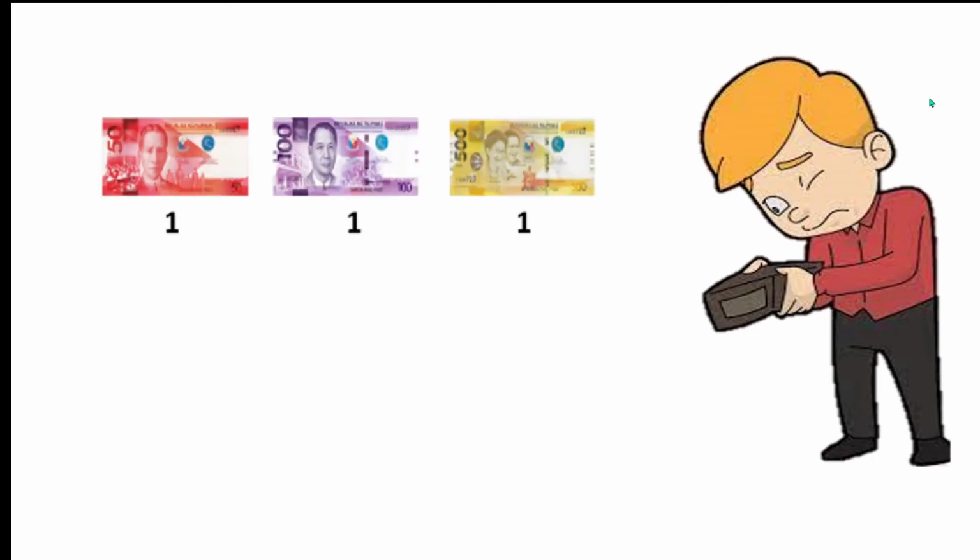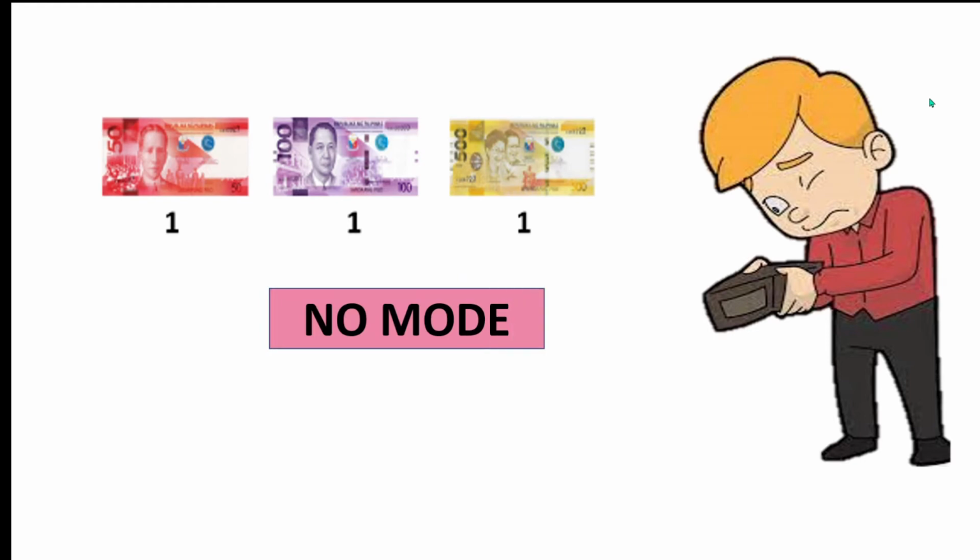There is also the possibility that you have only one 50 peso bill, one 100 peso bill, and one 500 peso bill. Since all bills appear the same number of times, there is no item greater than the other, and in that case, there is no mode.